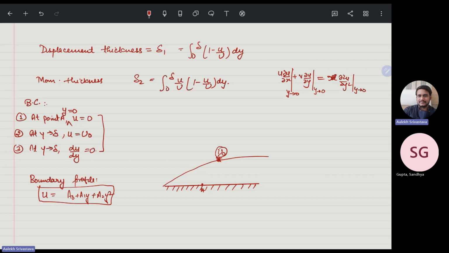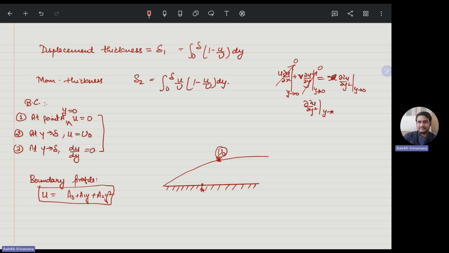As u is equal to 0 at y tends to 0, this term will go away. Also v, we don't have any penetration, so this is also equal to 0. Therefore, del 2 u by del y square at y tends to 0 is also equal to 0. This is your fourth boundary condition.